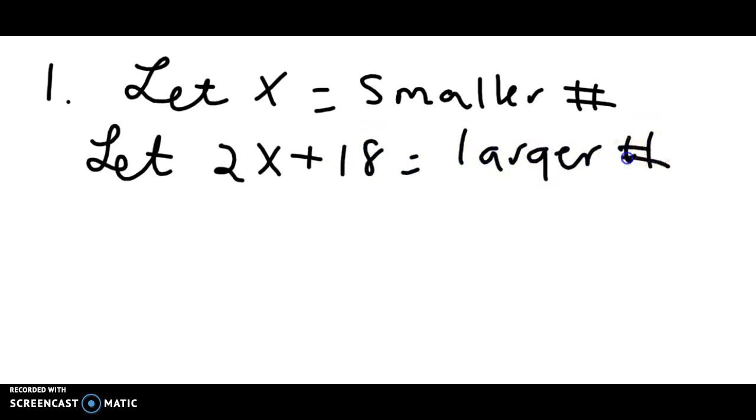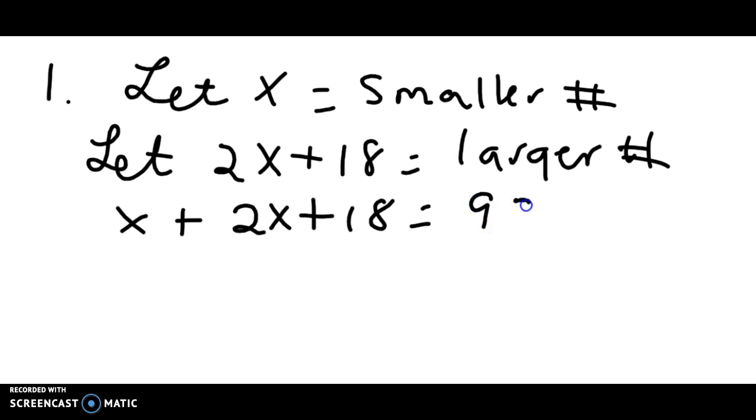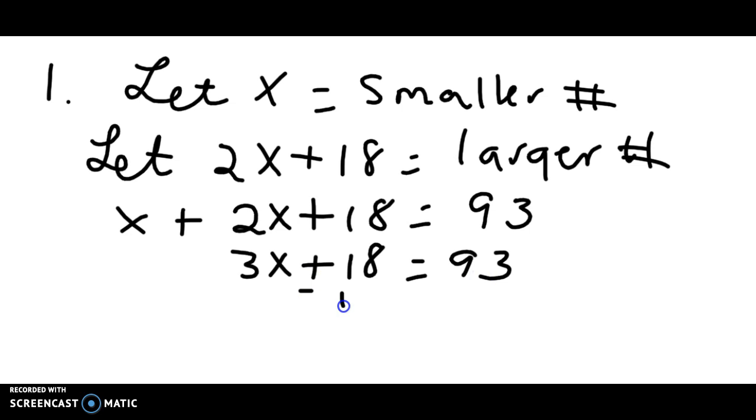So now that we have our let statement, it says that if the sum of the two numbers is 93, find both numbers. So it's x plus 2x plus 18. That's the sum of both numbers, and it equals 93. So combine like terms and solve for x.